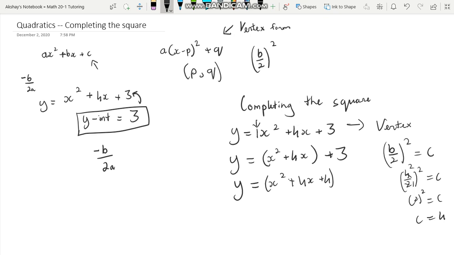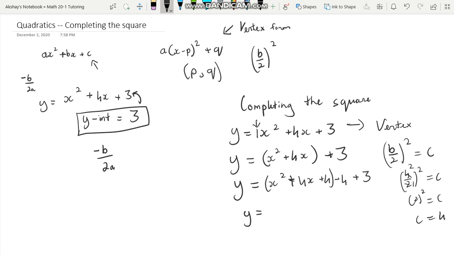And now whatever I add to my function, I have to also take it out. So I take out my negative 4. So now I have changed no value of the function. All I have done is added a 4 and subtracted the 4 away, and this is going to help me factor and convert to vertex form.